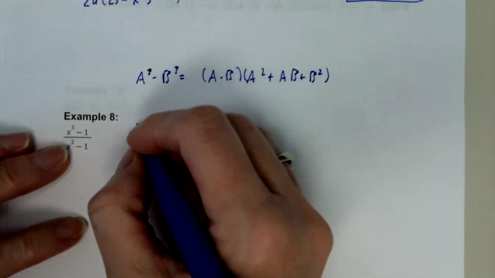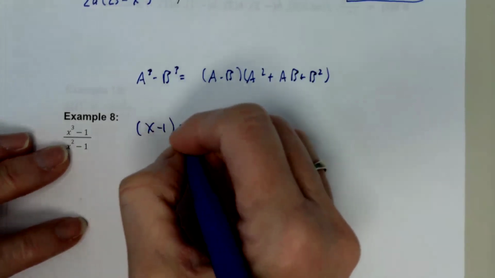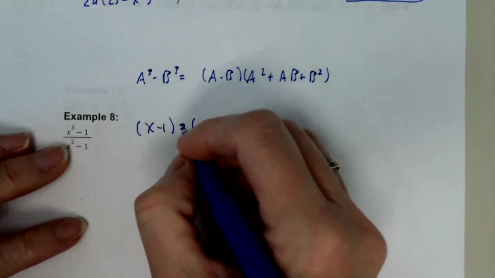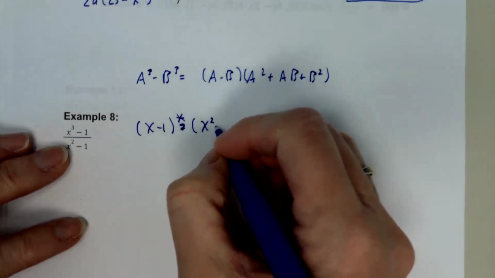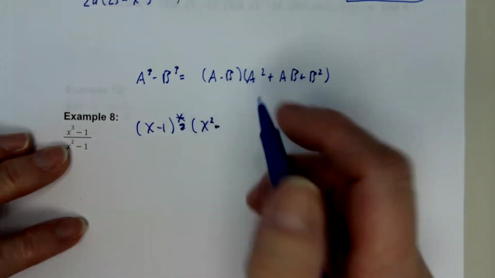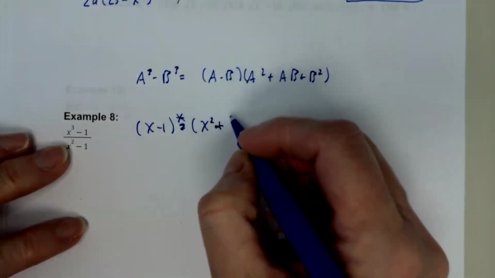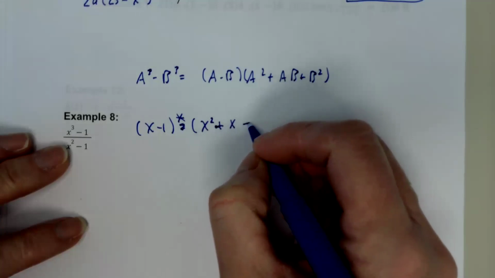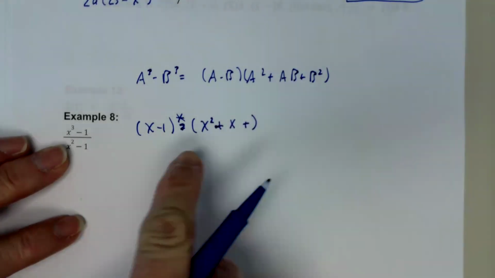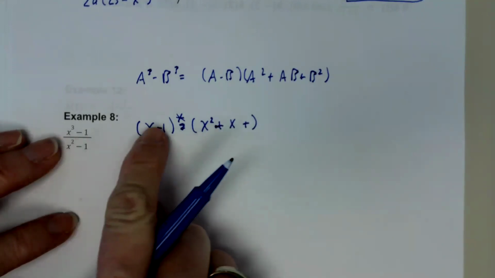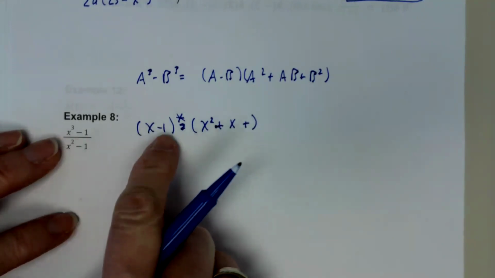So this factors into x minus 1 times x squared plus x plus 1, because a is x and b is 1.